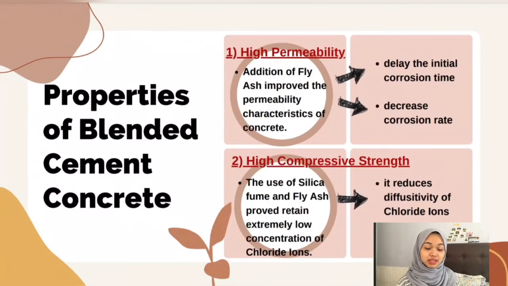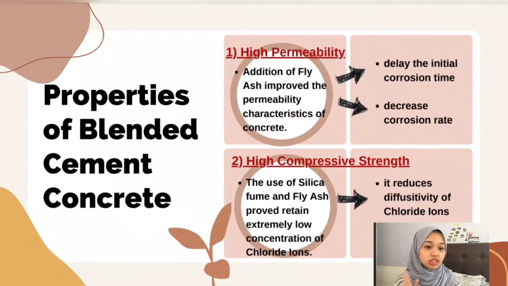The second property of blended cement concrete is high compressive strength. So from the previous study of Kayali and Ju, the using of silica fume and fly ash with a very high compressive strength of 70 megapascal proved to retain extremely low concentration of chloride ions.